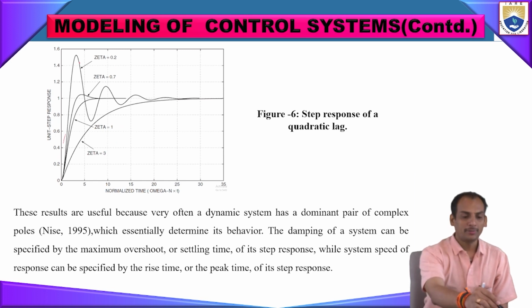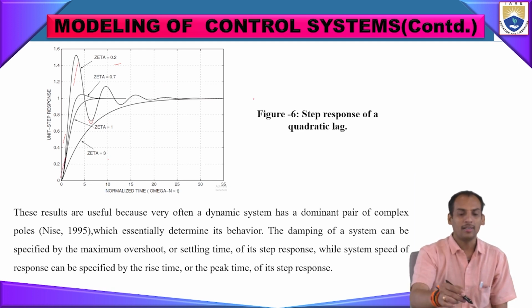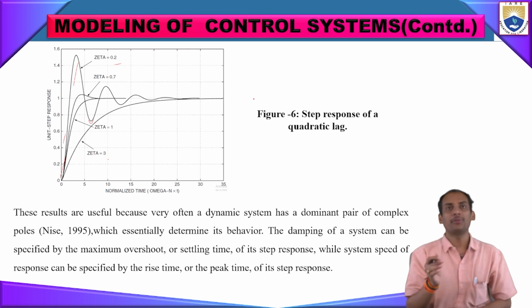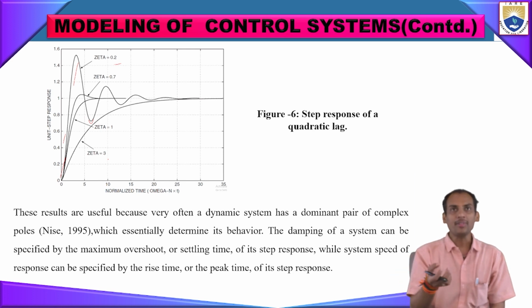For 0.2 you can see there is more oscillation and damping is less. For 3 and 1 there are normal waves only, with not much variation. If the zeta value, that means the damping ratio, is very small, then there is much more oscillation. Ultimately it gets normalized only.